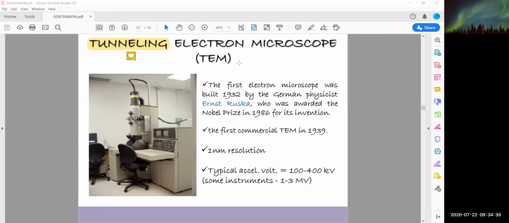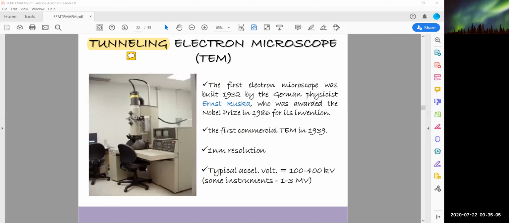So today we are going to start from the transmission electron microscopy. And even yesterday students were asking, sir, is it tunneling electron microscopy? No, it's transmission. This is a mistake in the PDF slides. I already corrected it. If you see on this comment, it's written transmission.